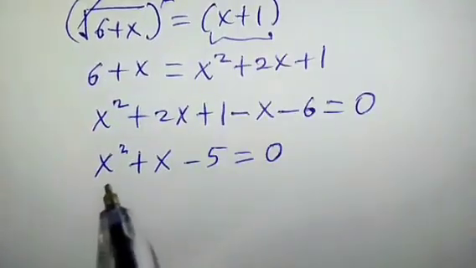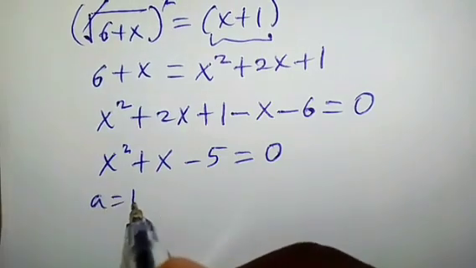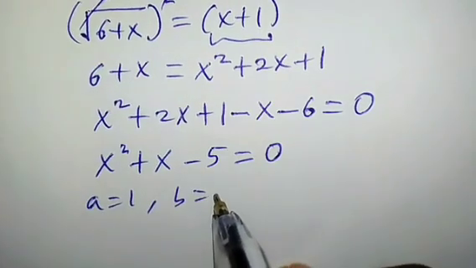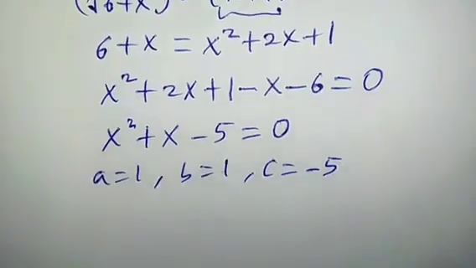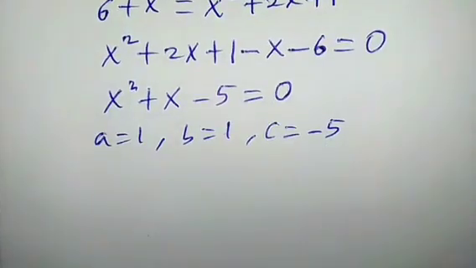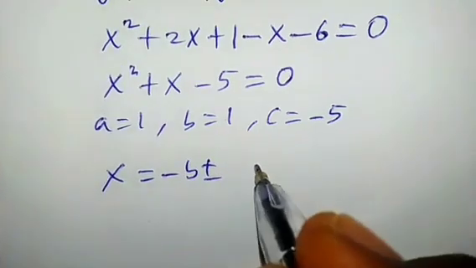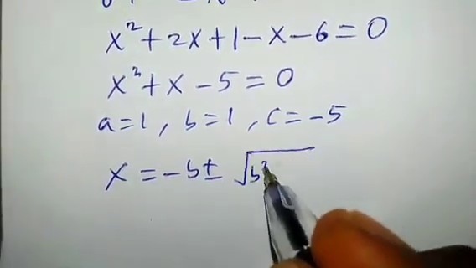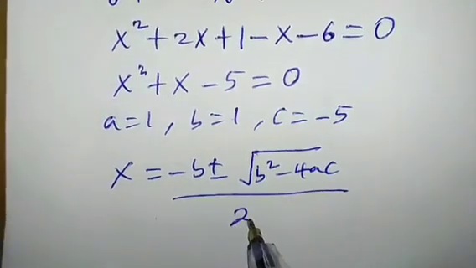Now, let us solve this quadratic equation using the quadratic formula. Our a here is 1, and our b is equal to 1, and c is equal to negative 5. What does the quadratic formula say? It says x equal to minus b plus or minus square root of b to the power of 2 minus 4ac, all over 2a.